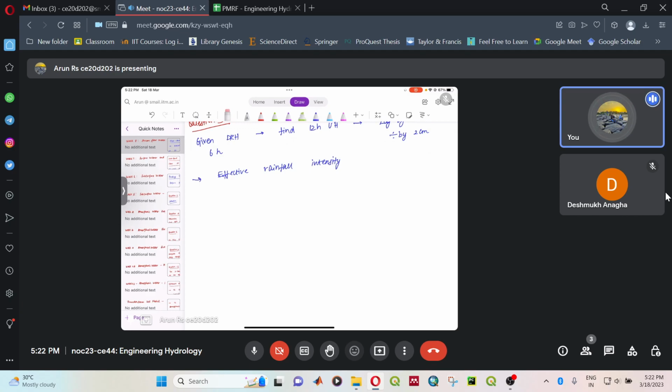So this effective rainfall is given for two storms, and we need to determine what is the complex storm direct runoff hydrograph.